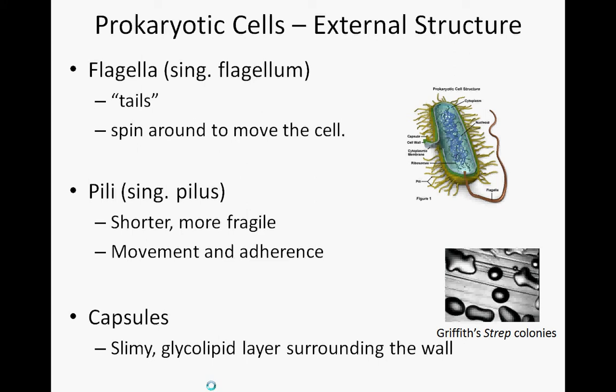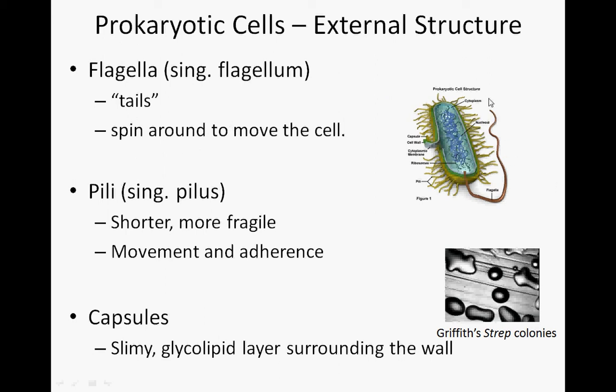Okay, so now I want to talk a little bit about external structures of prokaryotic cells. Basically, the three I'm going to talk about are flagella, pili, and capsules. So flagella, which is a plural word, if you're talking about just one of them, it's called a flagellum. These are these big, giant, long tails that you can see on the end or all over bacterial cells. And what these guys do is they're kind of like whips.